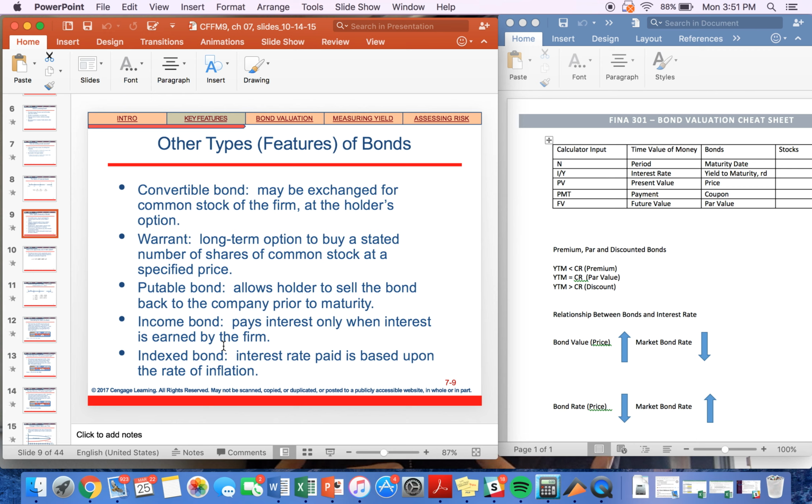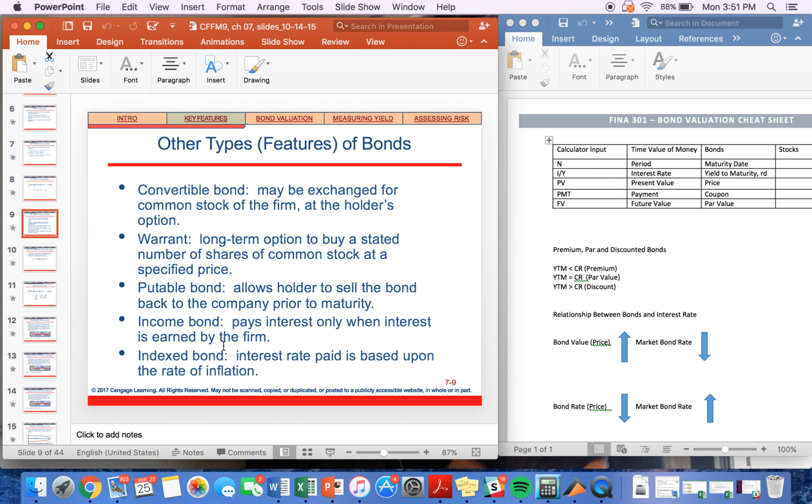So you may find that you might earn more putting your money into stock in a company than bonds, therefore you can convert your bond into stock at some point. A warrant, that's a long-term option to buy a stated number of shares of common stock at a specified price, so that's more of a locked-in contracted price, but you can still convert your bond to stock at some point.